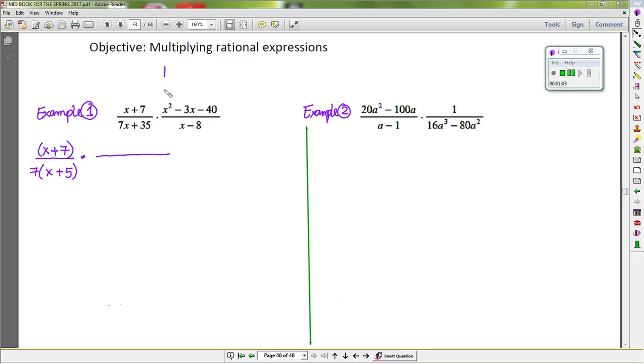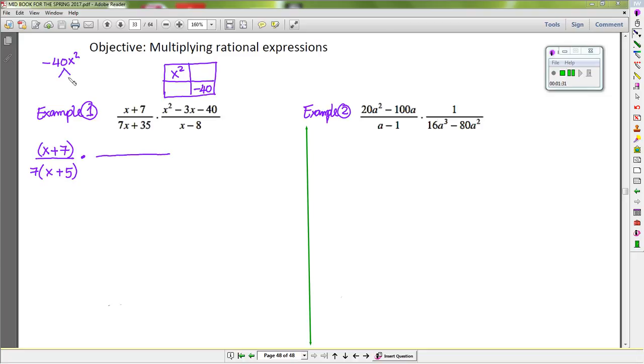Here I'm using the 2 by 2 box, and I put the first term in the top left corner of the box and the last term at the bottom right corner of the box. I multiply these two numbers, so that will give me negative 40x squared.